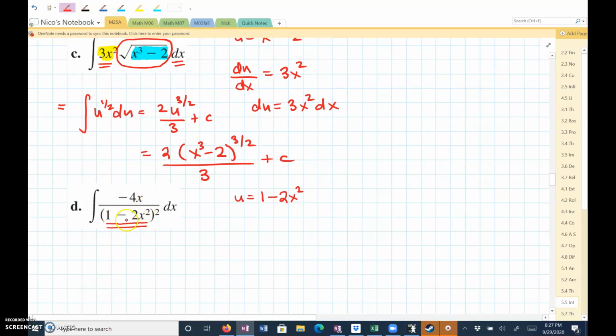And the function that is inside of the function, the g of x, of f of g of x, is what you're going to make equal to u or g of x. So then when we take the derivative of u with respect to x, this is going to equal negative 4x dx, which that's going to be my du.